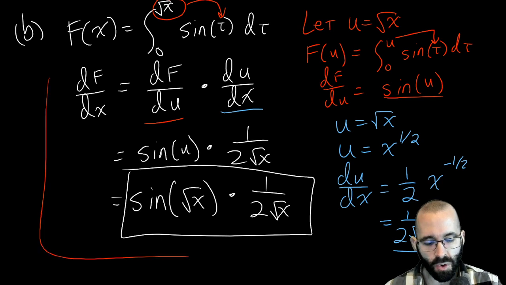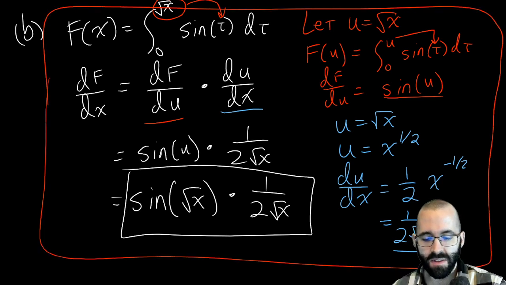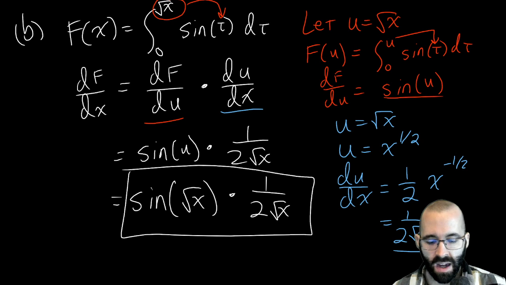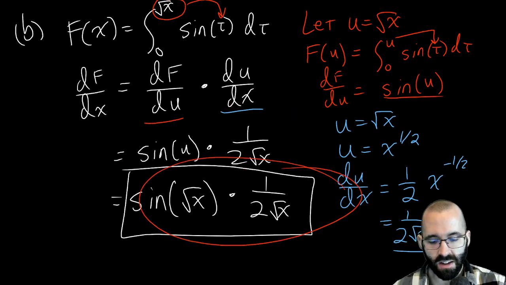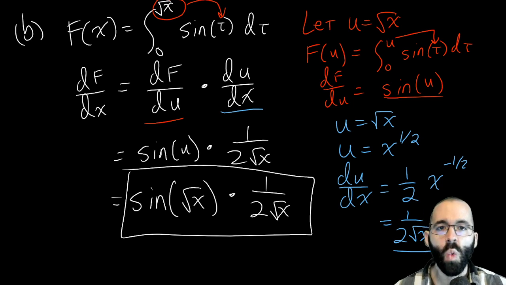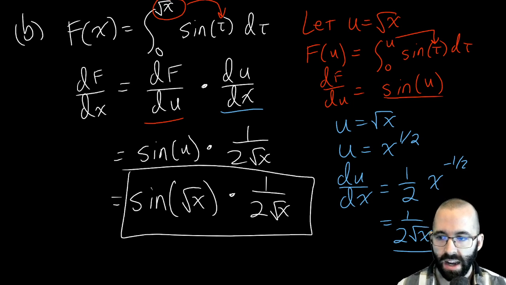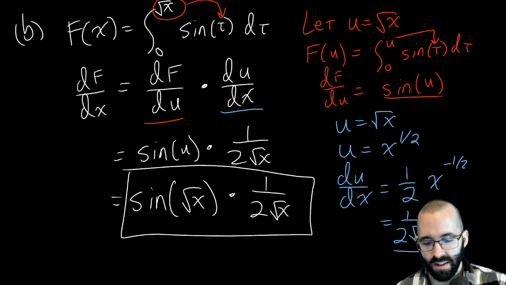All right, and this is the full formal way of how that happens. In the next problem, I'm just going to jump straight to here. But this is the answer why. Fundamental theorem of calculus, so easy, might feel like cheating, but it's not.